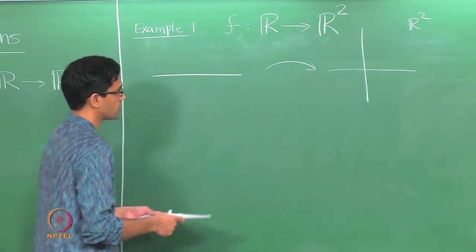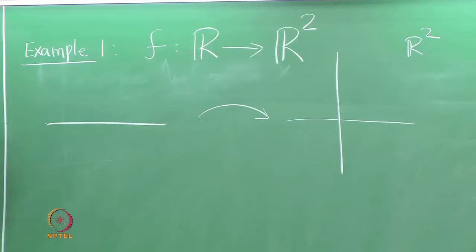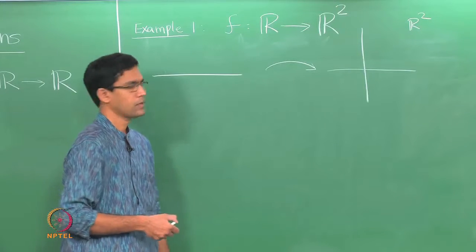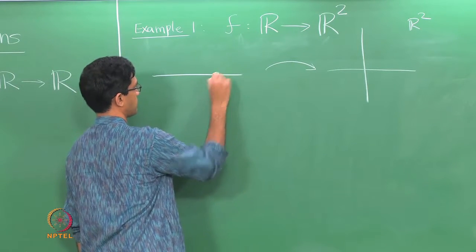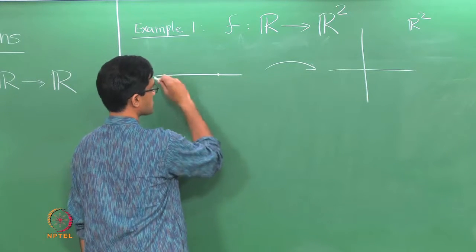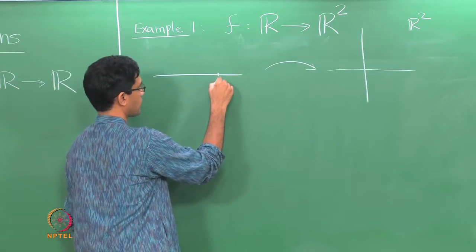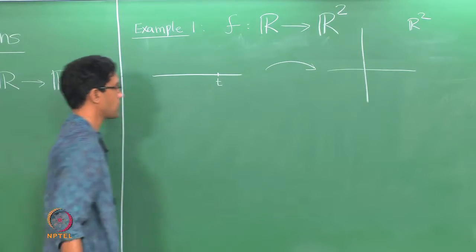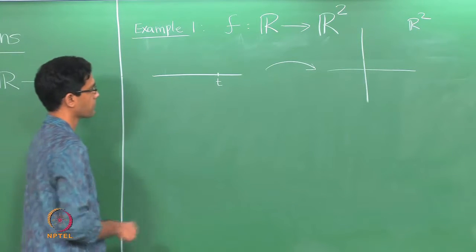So the obvious thing to do is to try copying something like what we did for graphs, which is to trace out all the points that you get. But it is slightly different. Here is what we would try to do to get an idea of what this function does. Think of this domain as being like time. So instead of calling it x as is conventional, let us call it t for now to remind ourselves that it is like time.